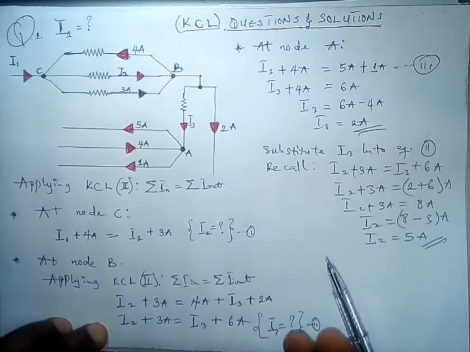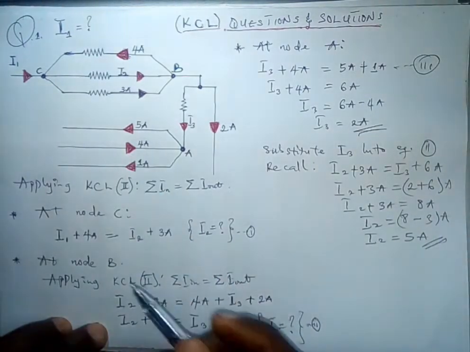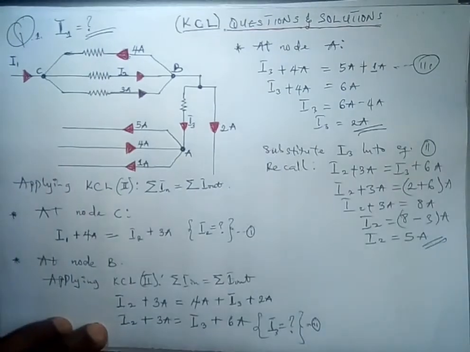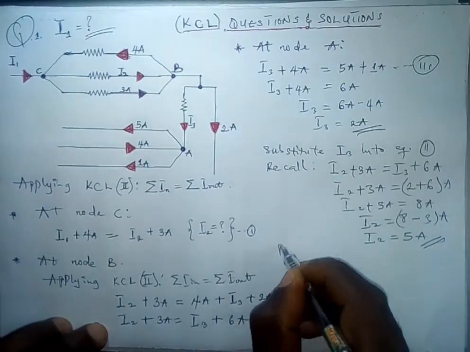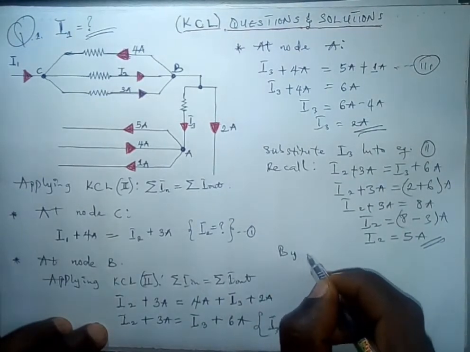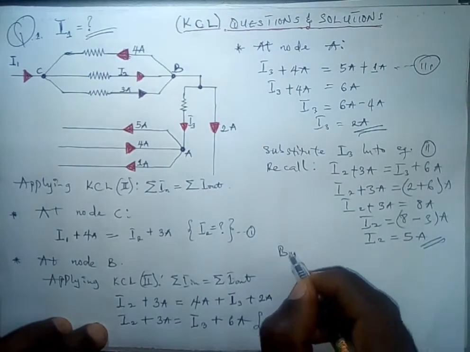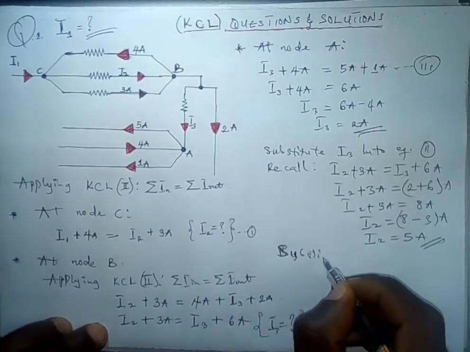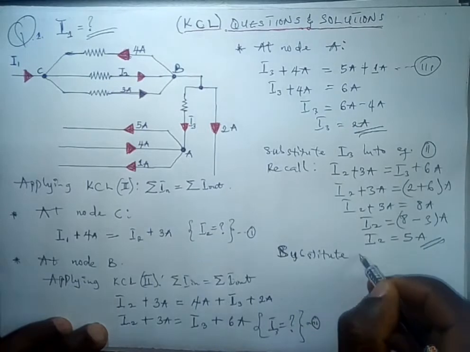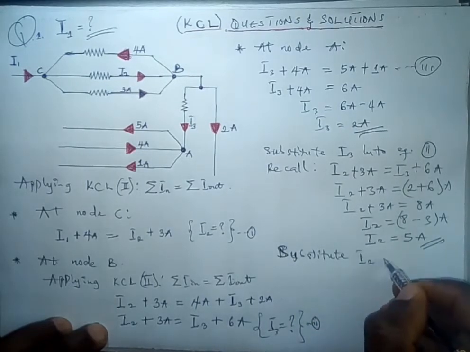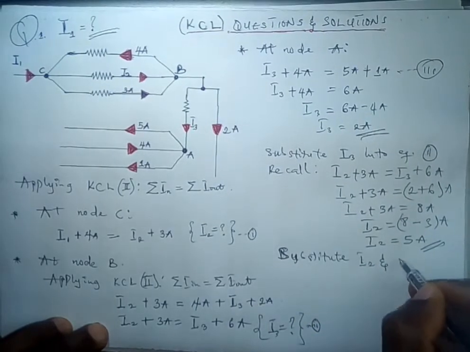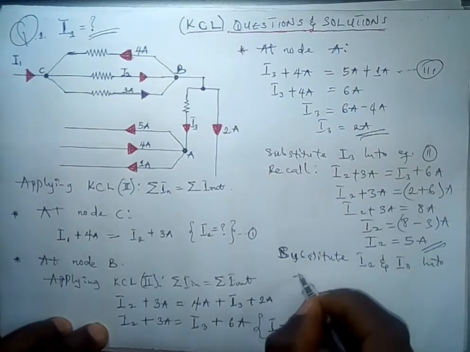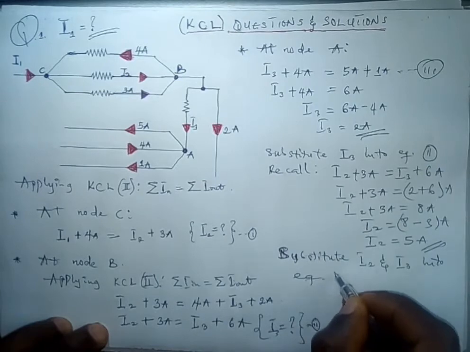So now we can find our I1, that is what we are looking for from the original question. So now by substitution, let's just say substitute I2 and I3 into equation 1.